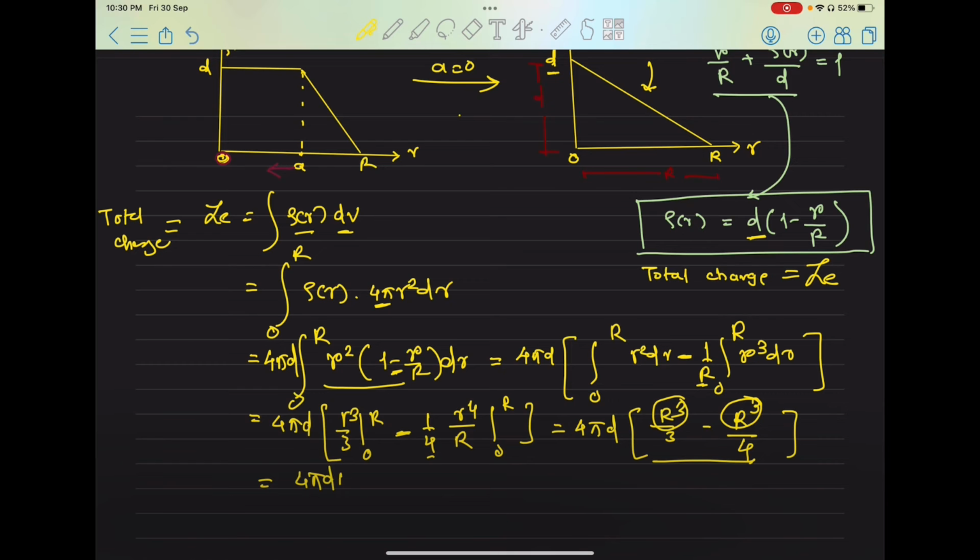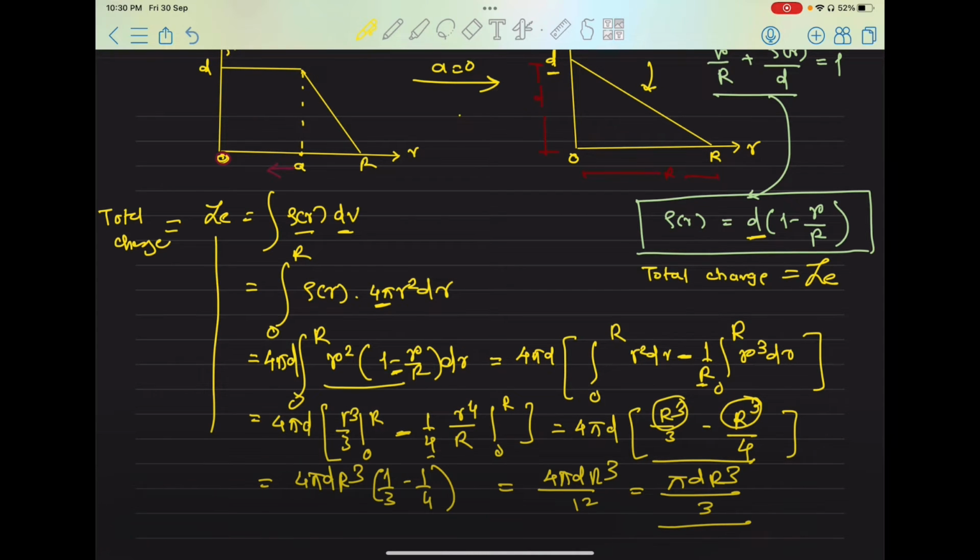So 4 pi d r cube, 1 upon 3 minus 1 upon 4, which is nothing but 1 upon 12. So 4 pi d r cube by 12, or pi d r cube by 3. And what is on the left hand side? It is ZE.